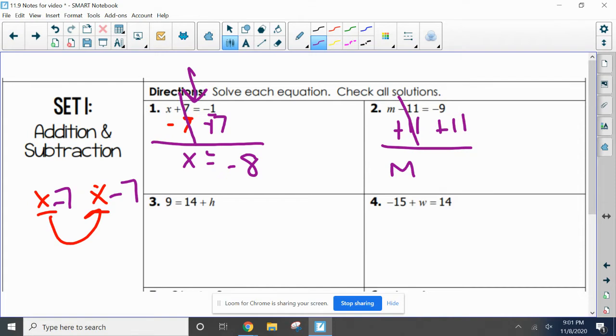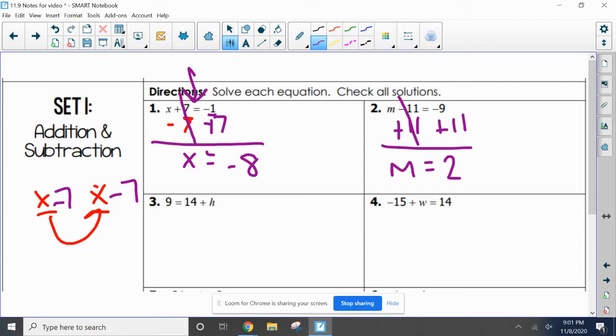So I have m equals negative 9 plus positive 11. When I have a positive and a negative, our rule is that we subtract and keep the bigger sign. So 11 minus 9 is 2, and 11 is larger than 9, so we're going to keep the positive of the 11. So positive 2.